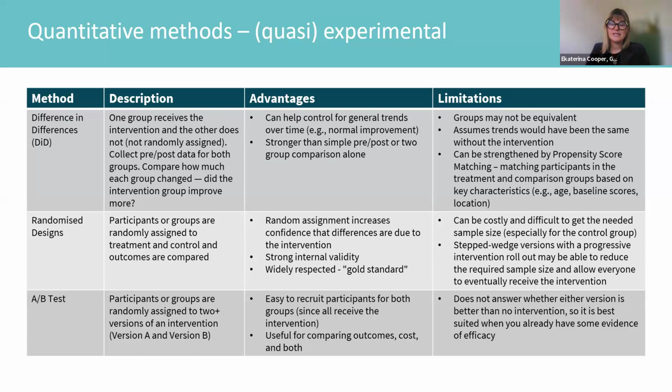So for A/B testing, we don't have the group without the intervention. Every participant receives something, one type of intervention or another in terms of the delivery. So generally, retention, happiness and engagement of participants in that kind of design is typically higher.